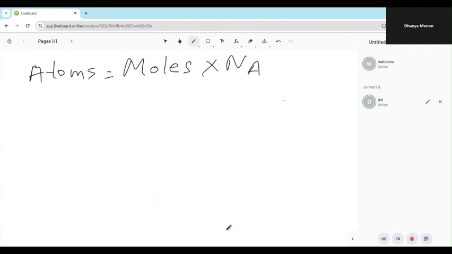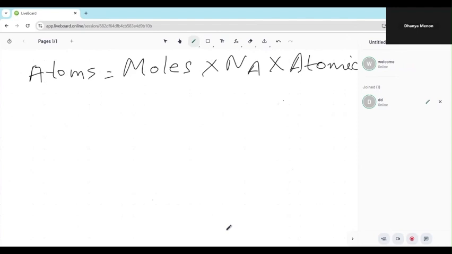Na stands for Avogadro number. You know the value of Avogadro number. So I'll just keep it as it is because I have to use the Avogadro number in all of them. And because they have asked you the total number of atoms, I also have to divide with the number of atoms in each molecule, which is called atomicity.